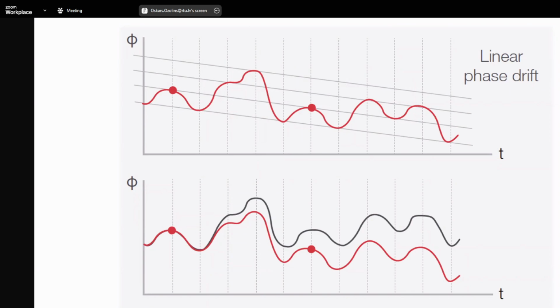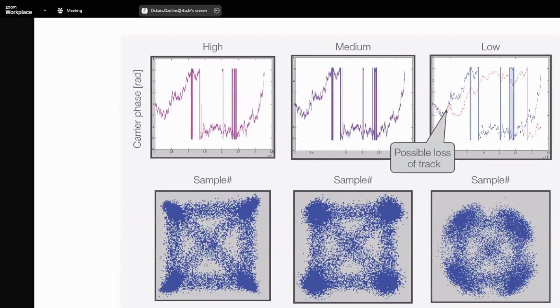And here is some impact when we have a too low phase noise. So we have carrier phase, high, medium, low, and then we have a too low phase noise, realistic, and high phase noise.